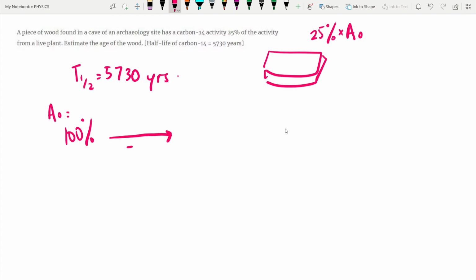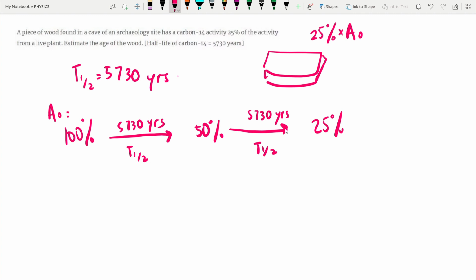Bila berlakunya half-life ataupun 5730 years berlalu, dia akan menjadi berapa persen? Okay, half kepada 100%, which is 50%. Okay, and then another 5730 years berlalu lagi, second half-life dia akan menjadi 25%.